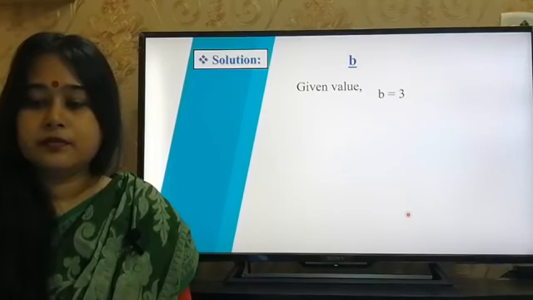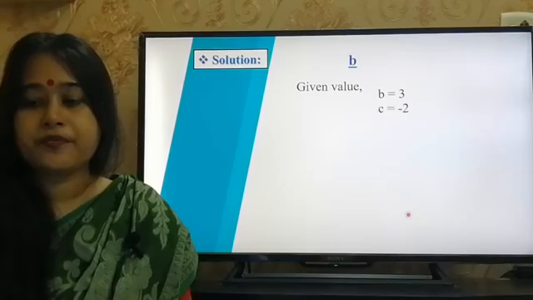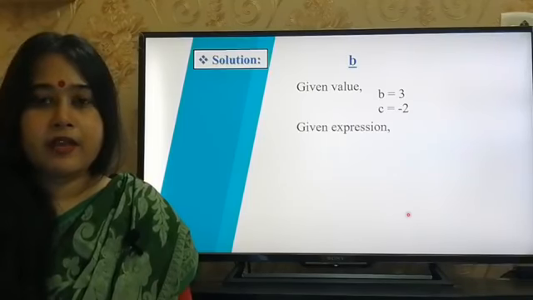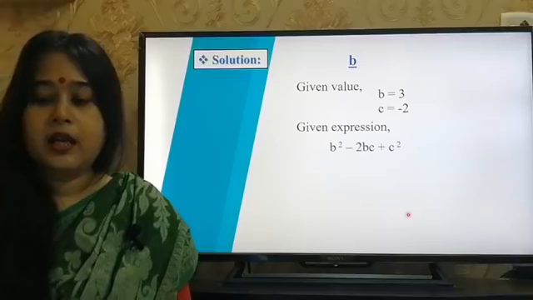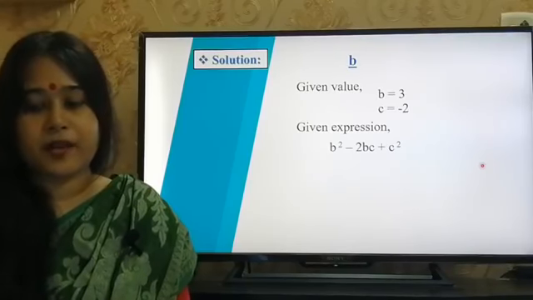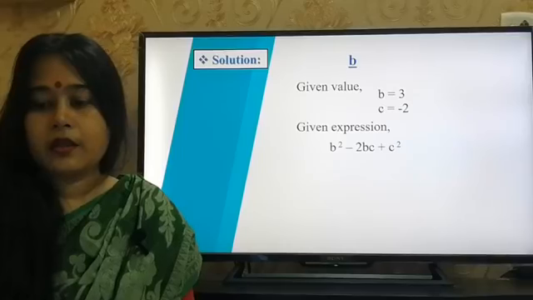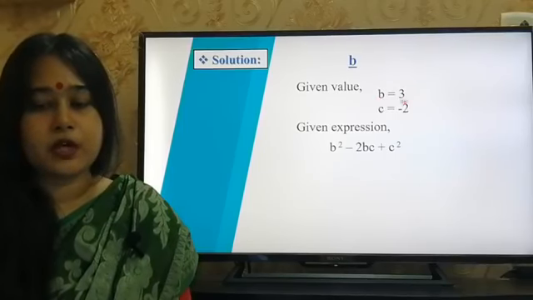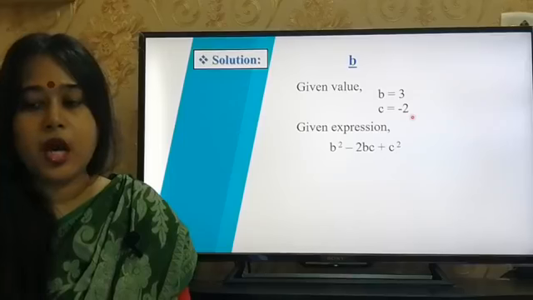Given value b equal to 3, c equal to minus 2, and the given expression b square minus 2bc plus c square. Here you can see we have some values, that is b equal to 3 and c equal to minus 2.